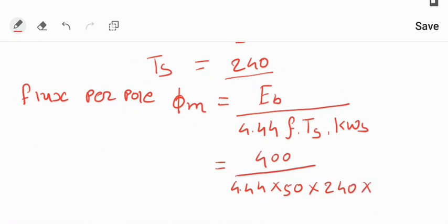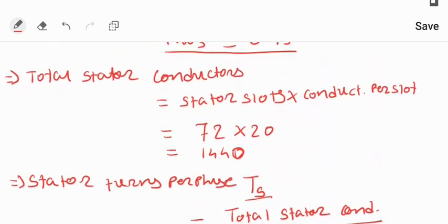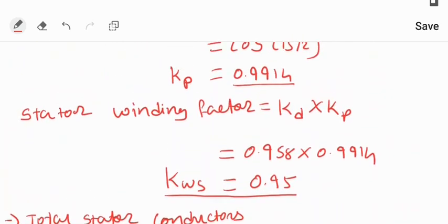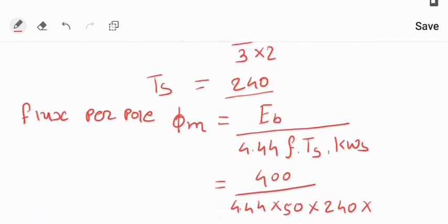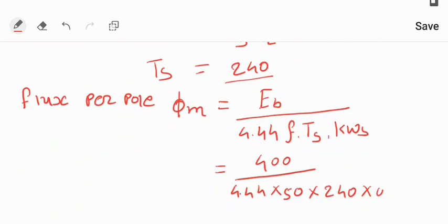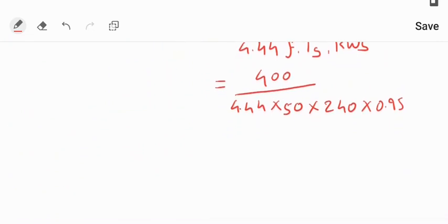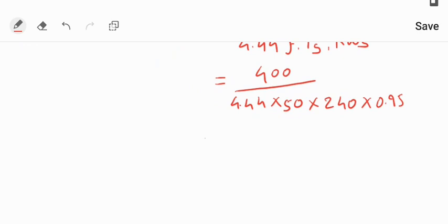And the value of KWS, the stator winding factor, which we found earlier, is 0.95. After making the calculation of all those data, we find the answer 7.9 into 10 raised to minus 3 Weber.